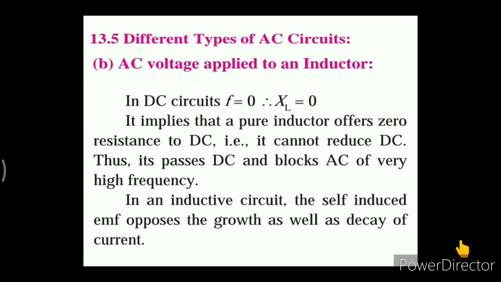Since the inductive reactance XL is similar to the resistance in a purely resistive circuit, it has the same unit and dimension. The SI unit of the inductive reactance XL is ohm.